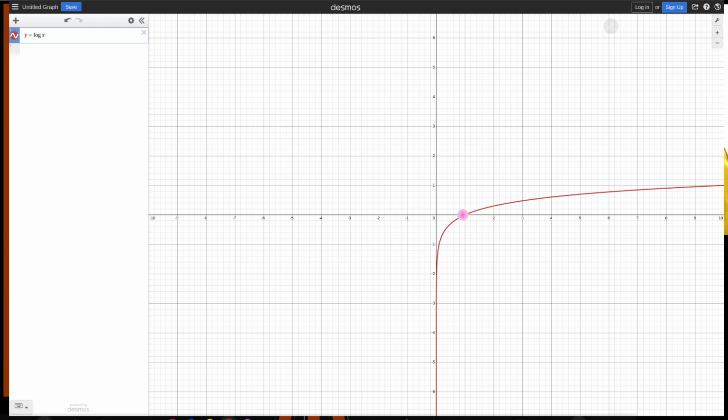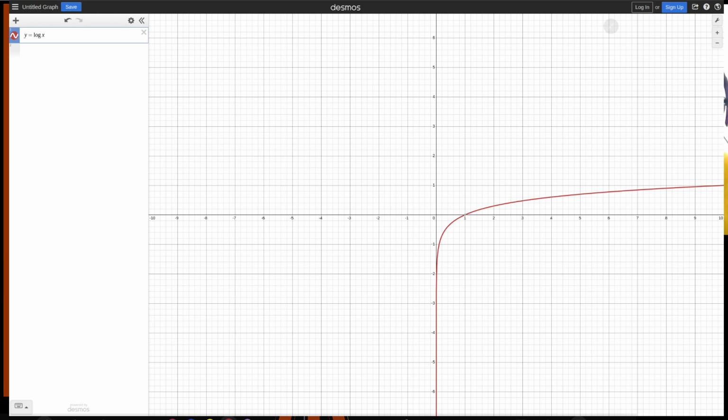Log of 1 is 0. After 1 you see positive numbers. It's a monotonic function, so whenever the number is greater than 1, log will always be positive.